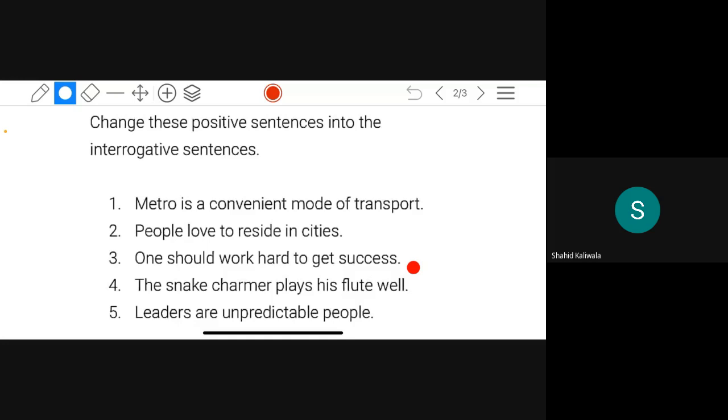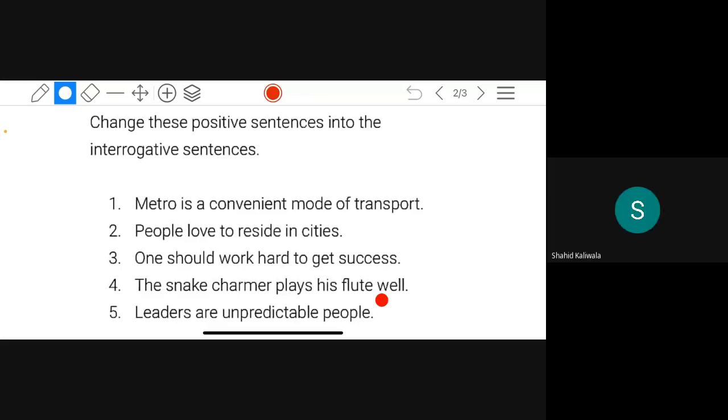Should one work hard to get success? Correct. Should is also the helping verb, so you don't have to think much, just like this. Should one work hard to get success? Question mark. Number four. The snake charmer plays his flute well.